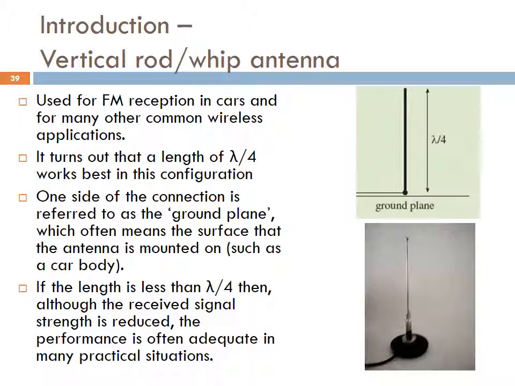A more familiar form of antenna is the vertical rod or whip antenna, as used for FM reception in cars and for many other common wireless applications. It turns out that the length of such an antenna is equal to lambda over 4.